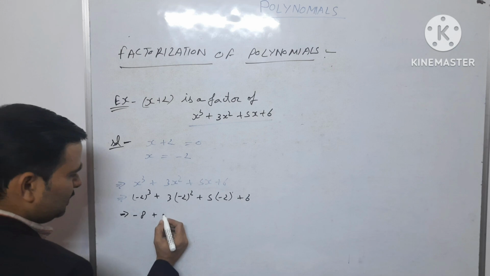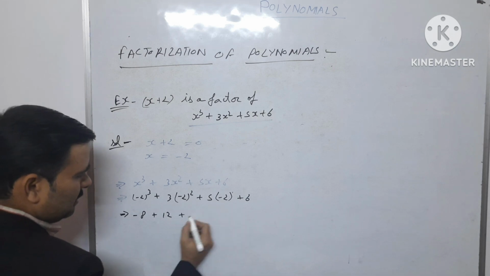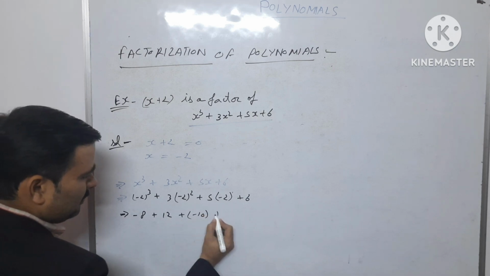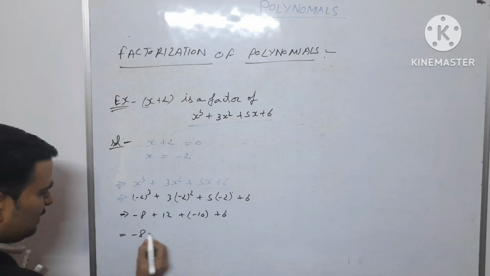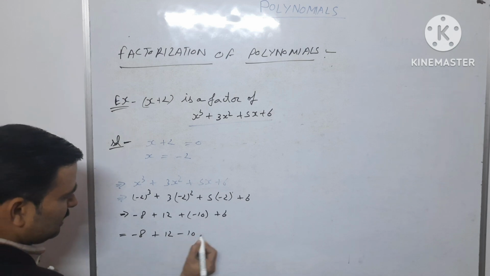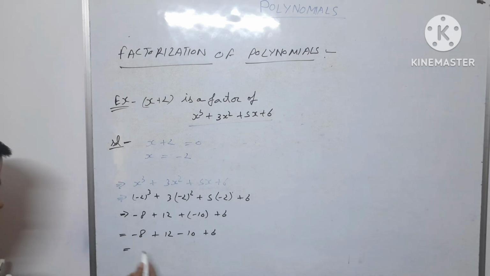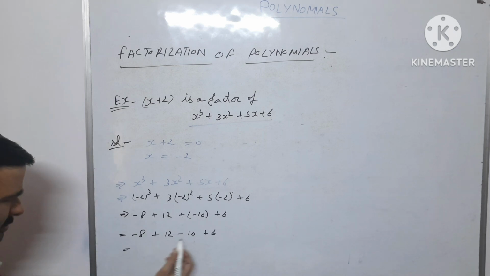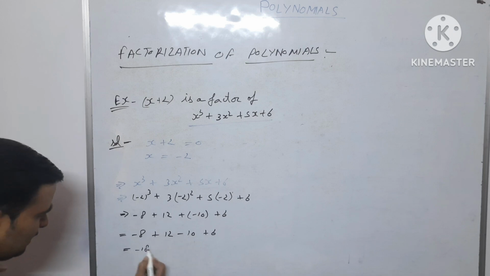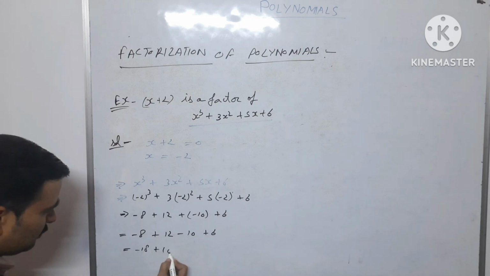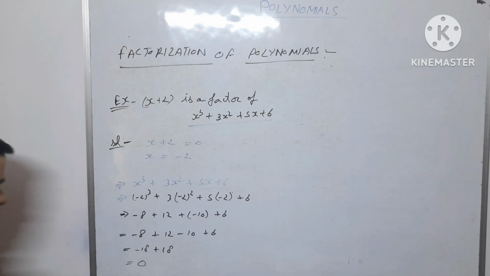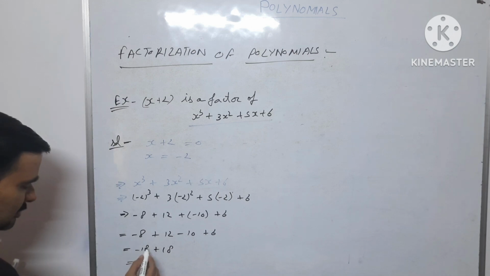Plus (minus 2) square is 4, and 4 times 3 is 12, plus minus 10 plus 6. Now minus 8 plus 12 minus 10 plus 6: minus 8 minus 10 is minus 18, and 12 plus 6 is equal to 18, and minus 18 plus 18 is equal to 0.